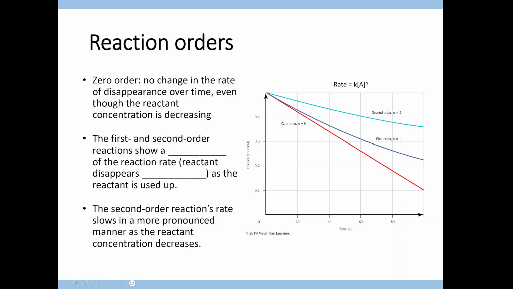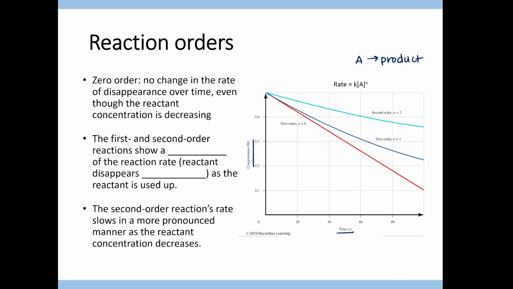This graph here, we have time versus concentration. We're looking at a reaction that has one reactant, A, forming some product. This graph shows the concentration of A for 3 different reaction orders.